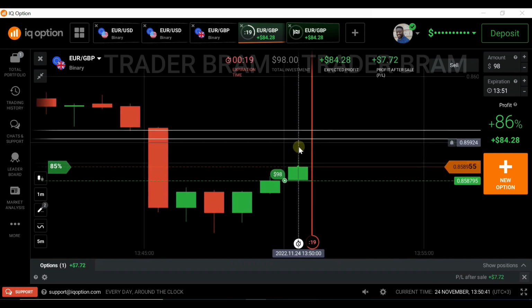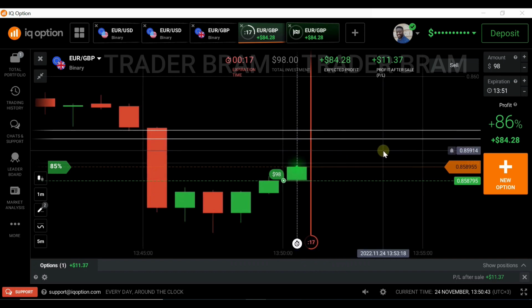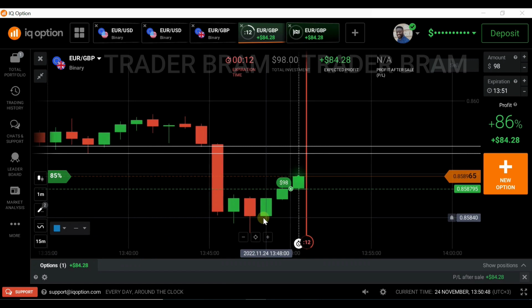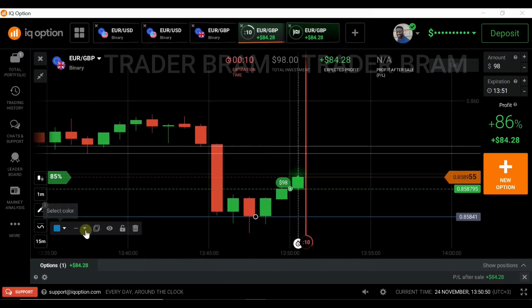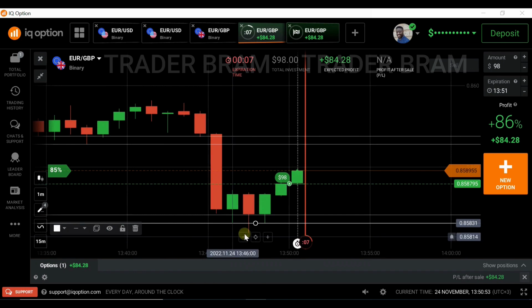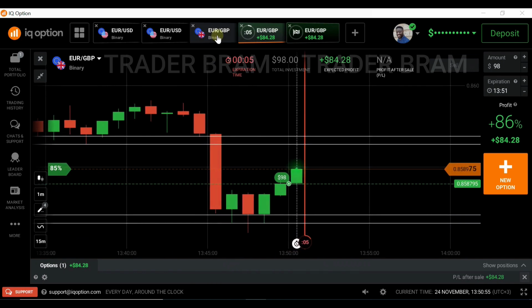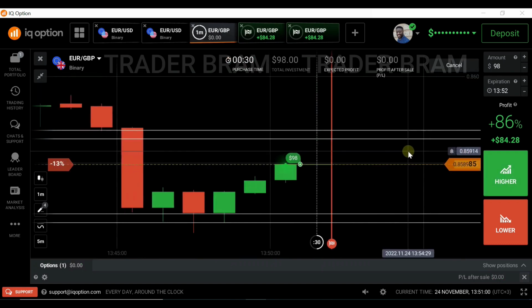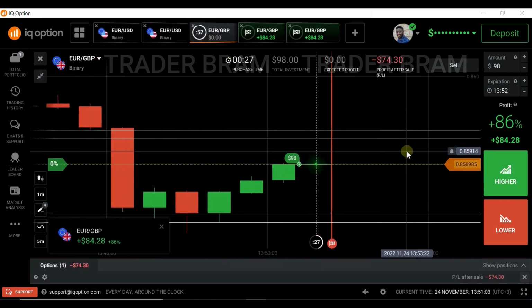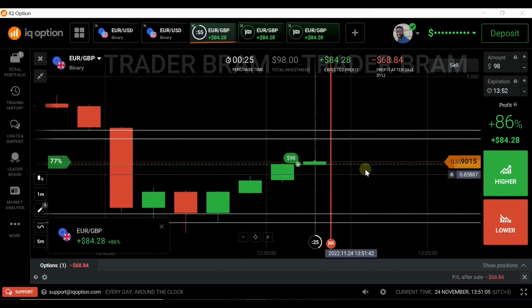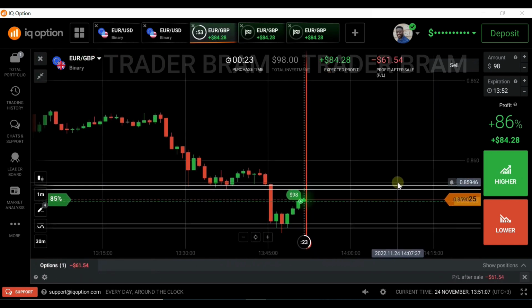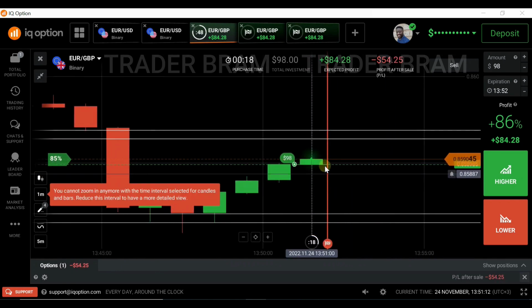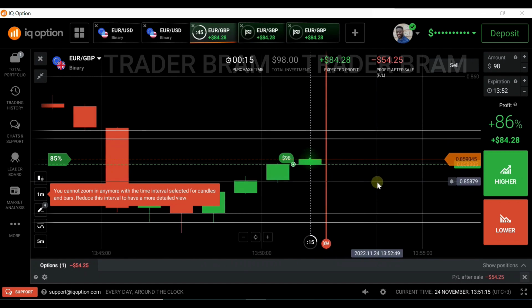If you can get an entry point on this level, it will be also good. So the market gained support here. Still strong bullish candle. So let's see if the buyers can push to this resistance area.